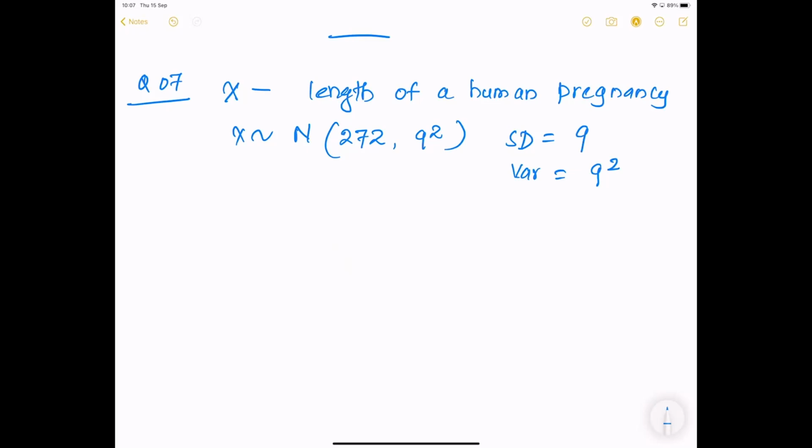This is a continuous distribution because that is normal, right? So we want to find the probability of pregnancy lasting more than 280, right? But we have standard normal, right?